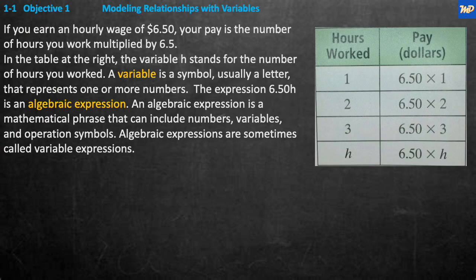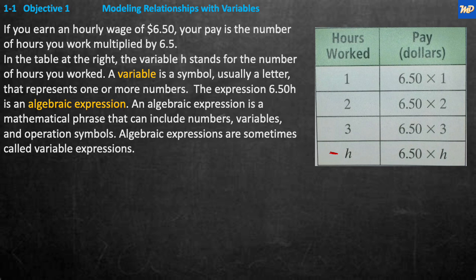Objective 1. Modeling relationships with variables. If you earn an hourly wage of $6.50, your pay is the number of hours you work multiplied by 6.5. In the table at the right, the variable h, you see it here at the bottom, stands for the number of hours you worked. A variable is a symbol, usually a letter, that represents one or more numbers.